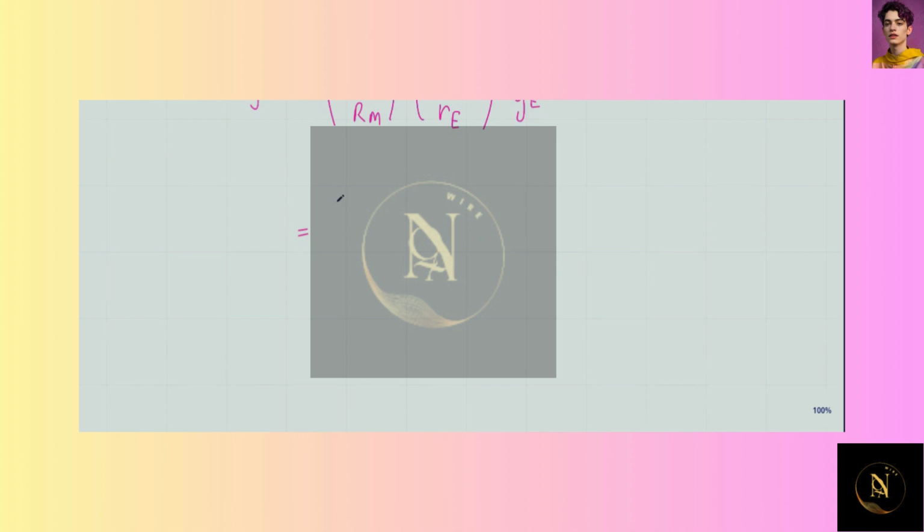And this can be written as R_E over R_M all squared, multiplied by the mass of the moon over the mass of the Earth, since the radii are directly proportional to the mass, times g_E. So now we have an expression for the gravitational acceleration on the moon's surface.